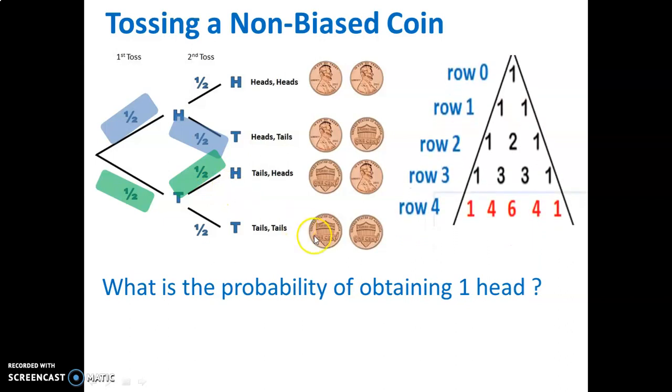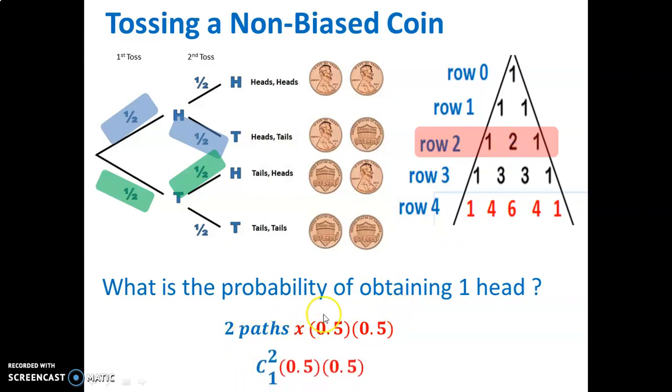But another way to look at it is, again, in row 2 of Pascal's triangle, we know that the middle number here, here's 0 heads, 1 head, 2 heads. So 1 head is 2 paths. That number represents the paths. So we have 2 paths, which again is obtained from here. 2 paths, and each path has the same probability along it, 0.5 times 0.5. 2 of those, and we get the probability of 1 head.